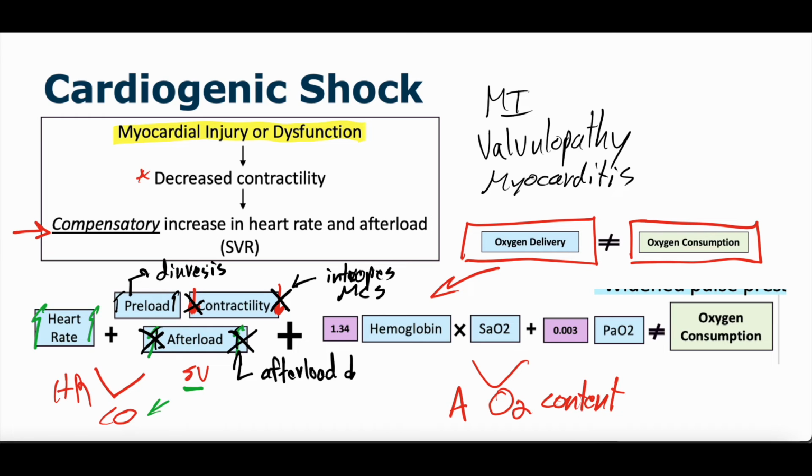So unlike the other shock states, in cardiogenic shock, sometimes the compensation the body's doing can be bad for cardiac output, and we have to intervene to get these compensatory mechanisms offloaded by decreasing the afterload, decreasing the preload. And then the thing that makes the most sense here is augmenting the contractility, because that is what is pathologically reduced in cardiogenic shock. All right, so that was shock state number 3.